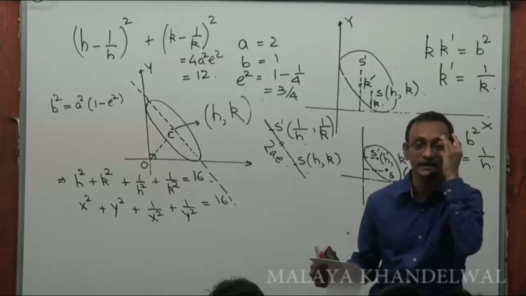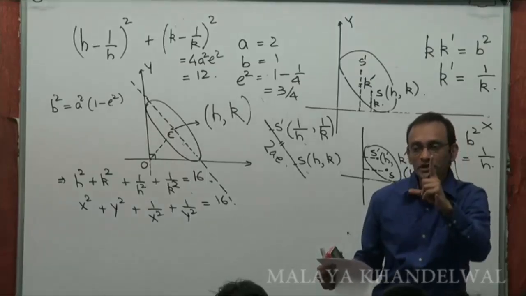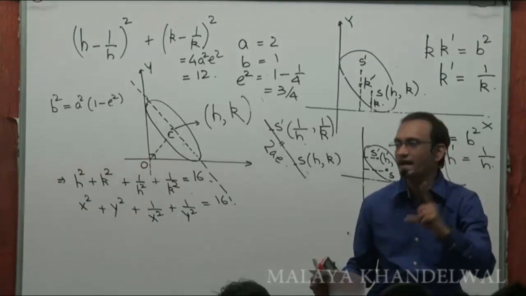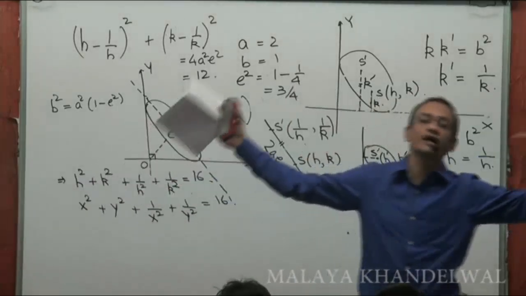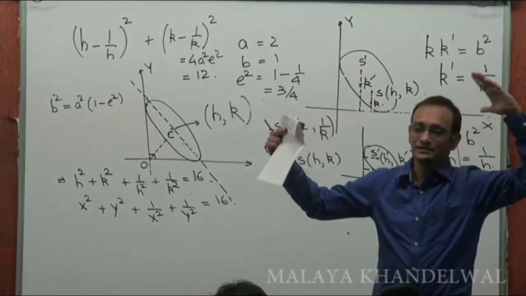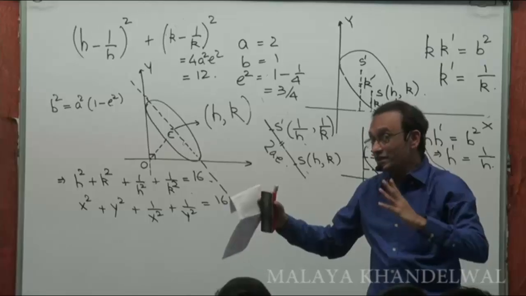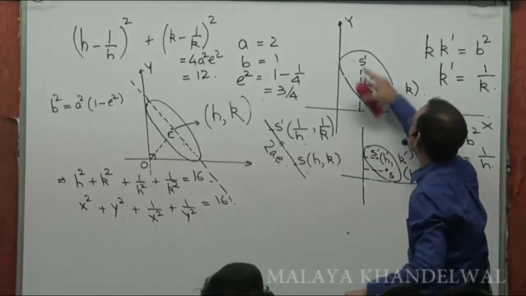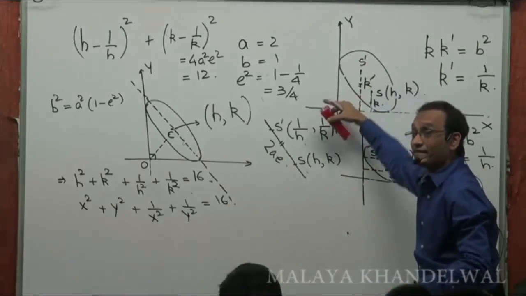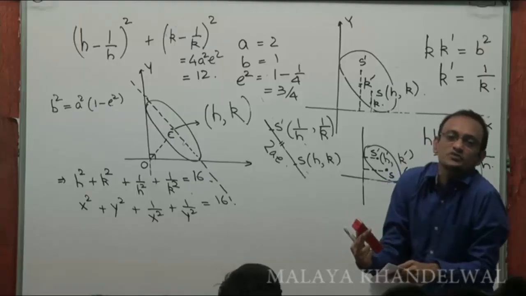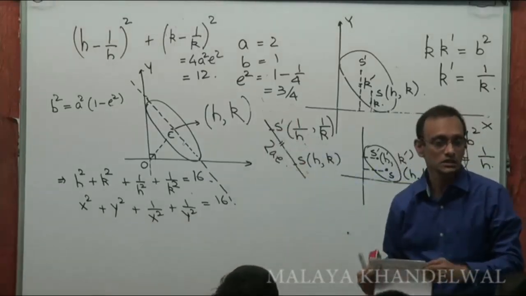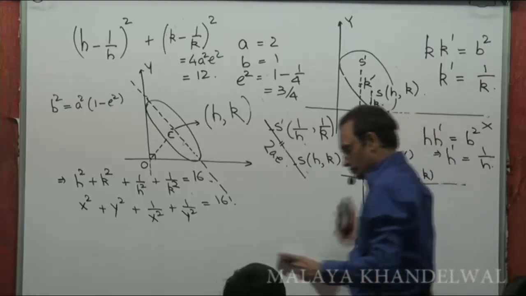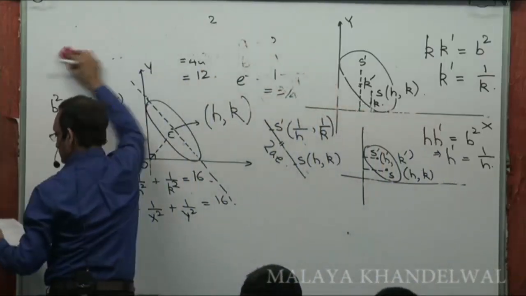No other option will give you the same expression on replacing x by 1 by x and y by 1 by y. So if you had just quickly identified h and 1 by h, k and 1 by k, then the option approach would work effectively. You didn't have to do all these calculations. Clear? Okay, let's move to the next problem.